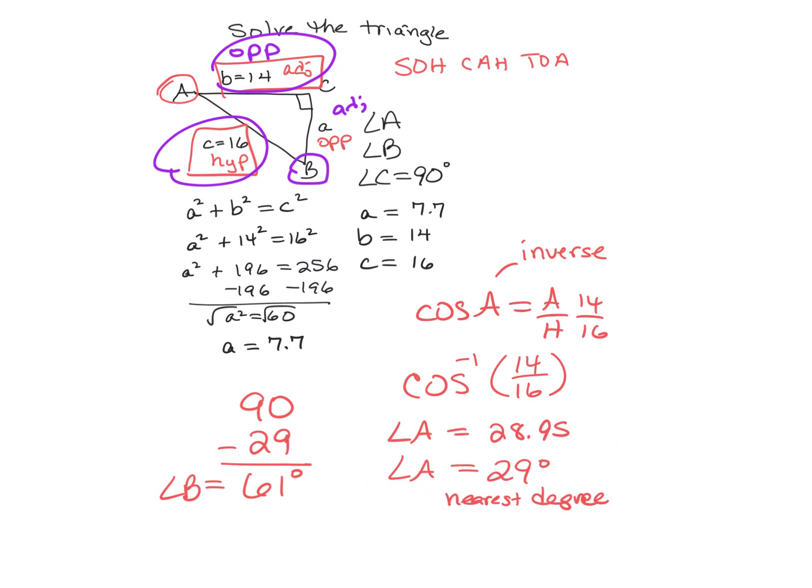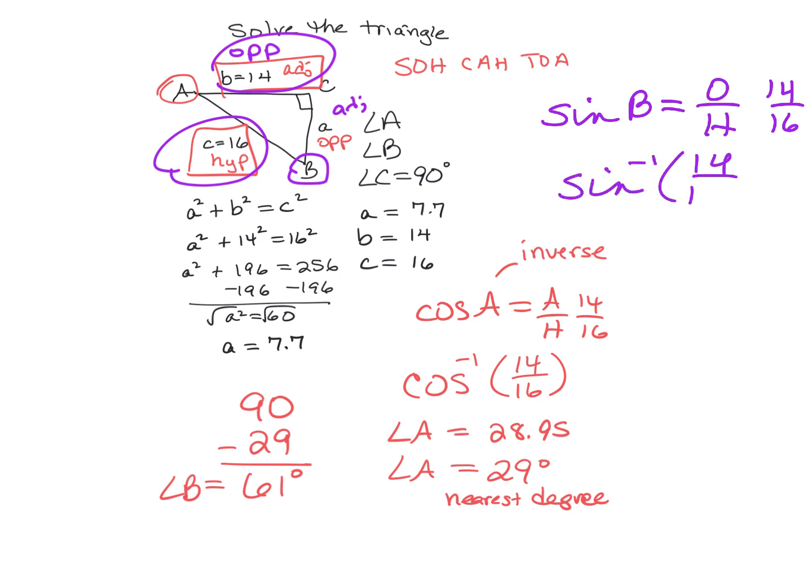So if I wanted to use a trig ratio, it would be sine of B is equal to opposite over hypotenuse. I'm still filling in 14 over 16, but I do inverse again. So 14 over 16, and then angle B is going to give me 61.044, rounded to the nearest degree. I get 61 either way.